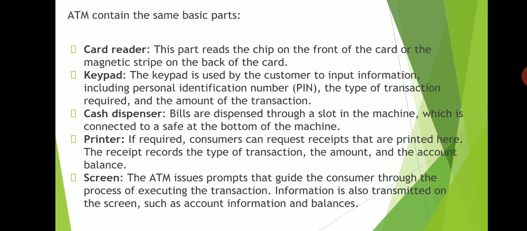The last one is the screen. The screen is where we are going to look at the details of our transaction and the details of our accounts. The ATM issues prompts that guide the customer through the process of executing the transaction.